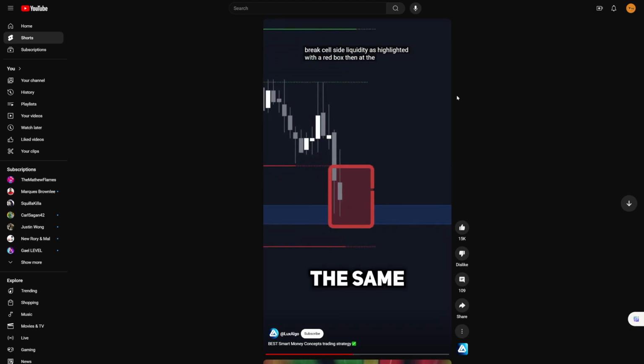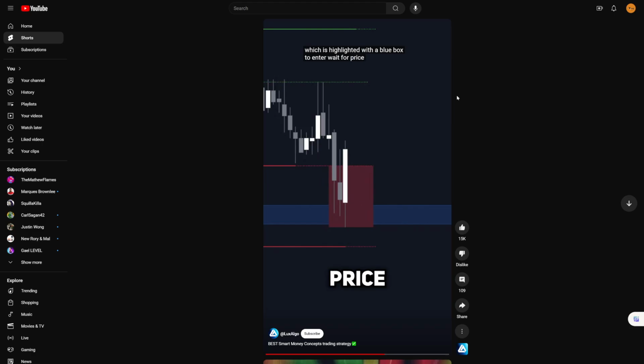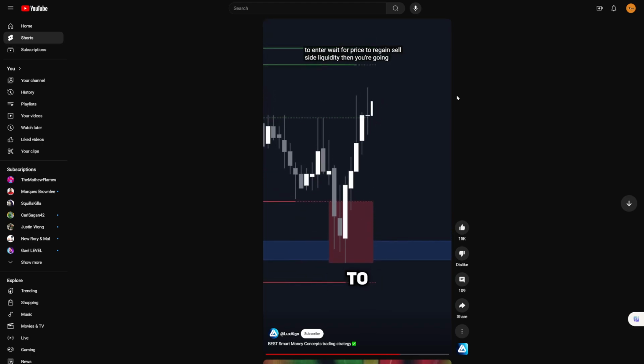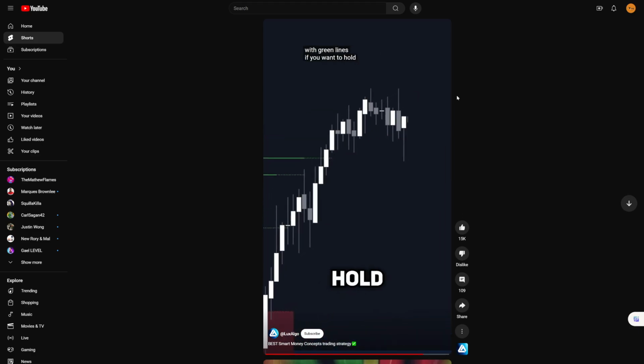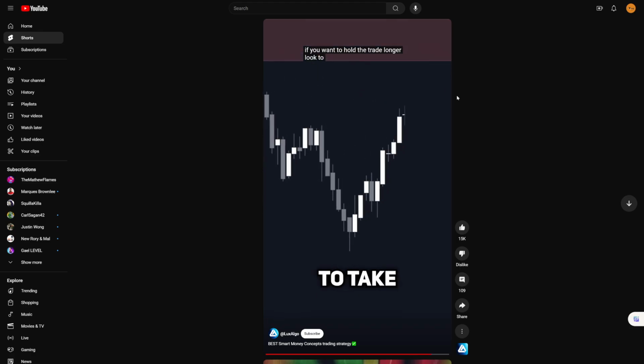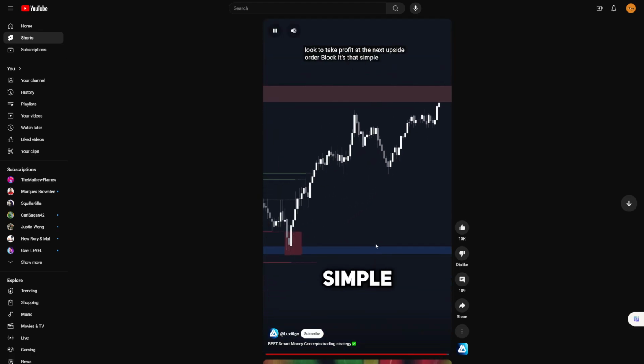Then, at the same time, look for a bounce on an order block, which is highlighted with a blue box. To enter, wait for price to regain sell-side liquidity. Then, you are going to take profit at buy-side liquidity as marked with green lines. If you want to hold the trade longer, look to take profit at the next upside order block. It's that simple.